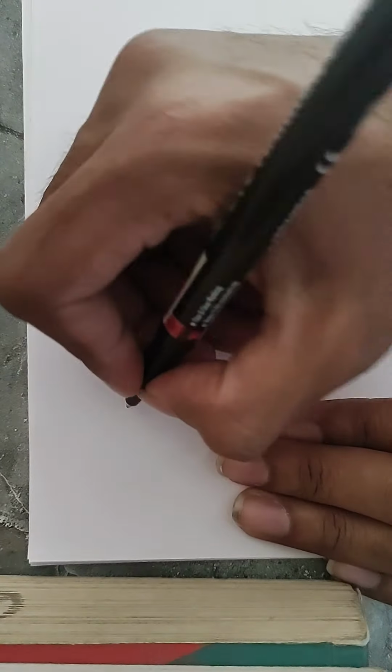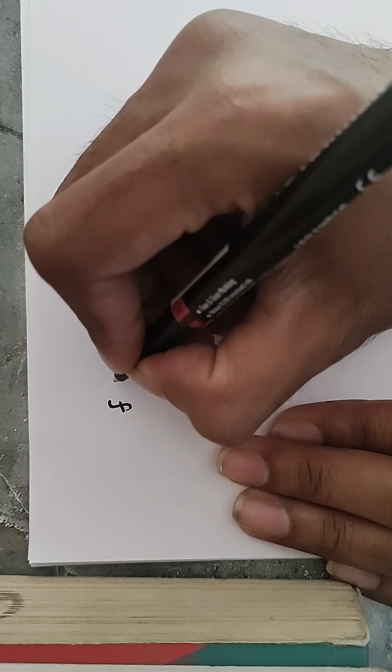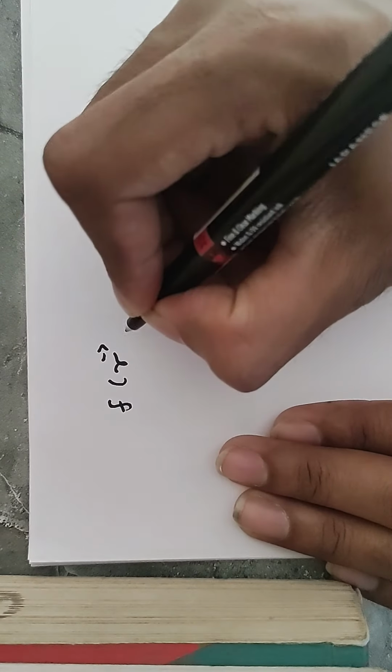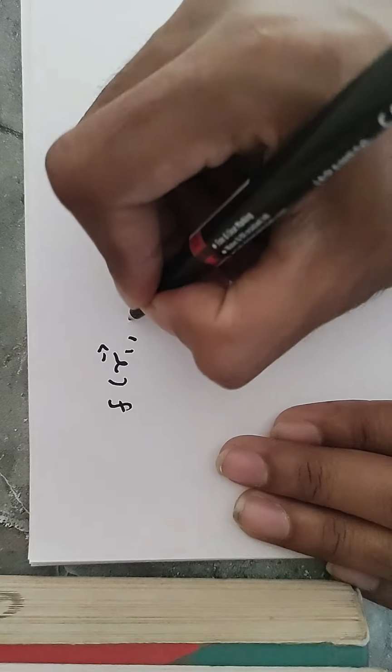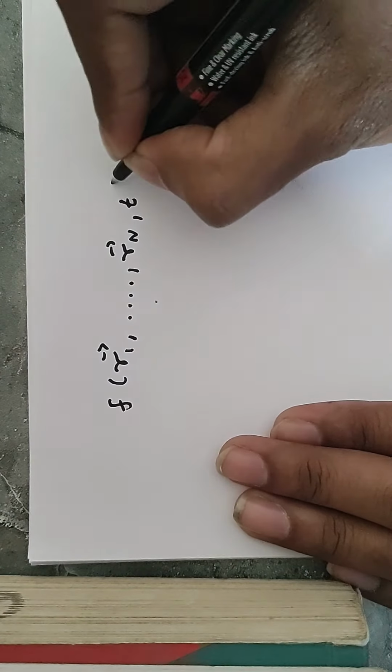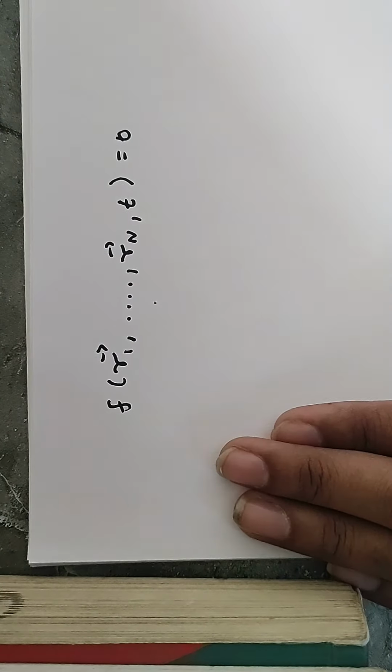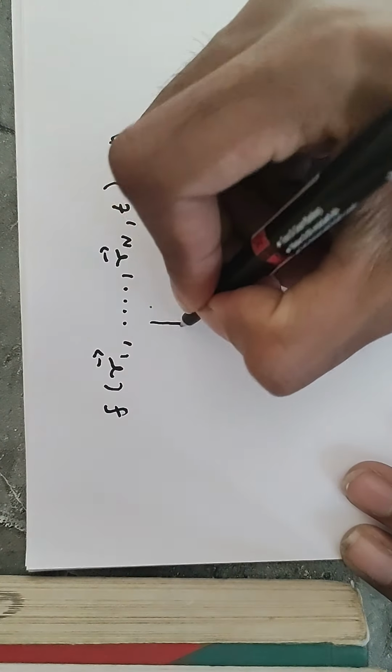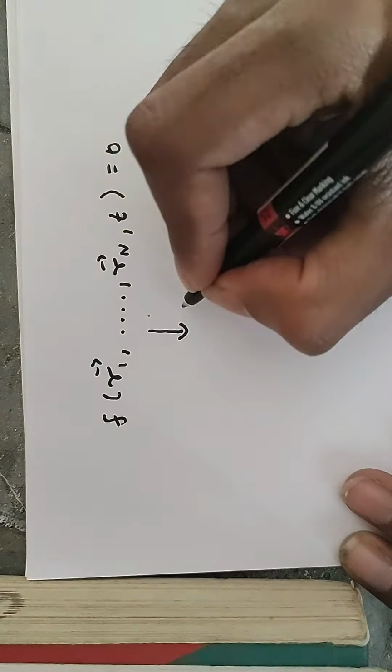So what I can do is construct a differential equation. This is a function which depends on r_1 to r_n and has an explicit t dependence, and it is equal to 0. With this, I can construct a differential equation.